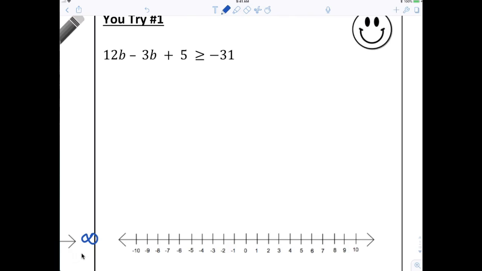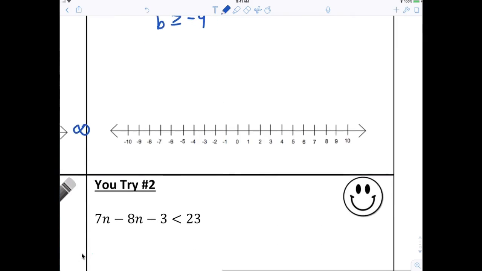All right, let's see how you're doing. So far, so good? Anybody have an issue with that? So x is greater than or equal to -4. So I go to -4.